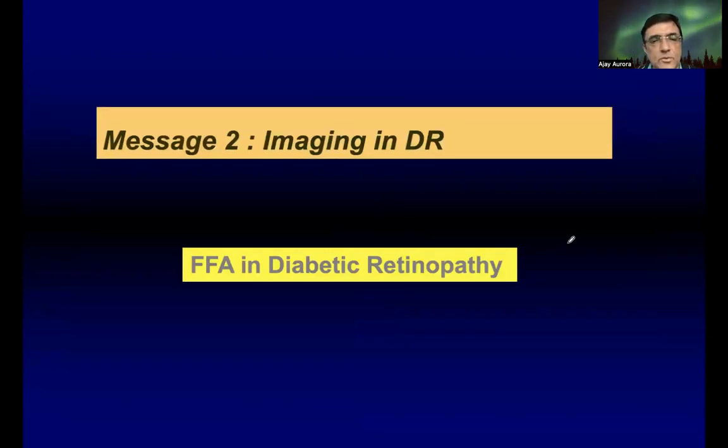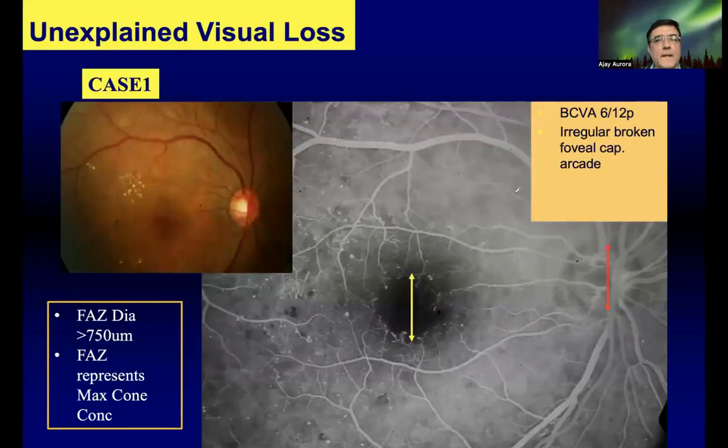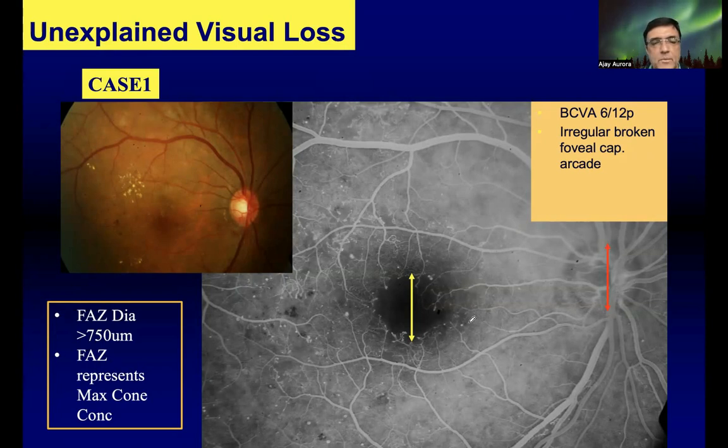Now, let's look at some of the ways angiography helps us in diabetic macular edema. This is an angiogram from a time when we did not have OCT, taken way back in 2004, almost 19 years back. It's a beautiful picture.